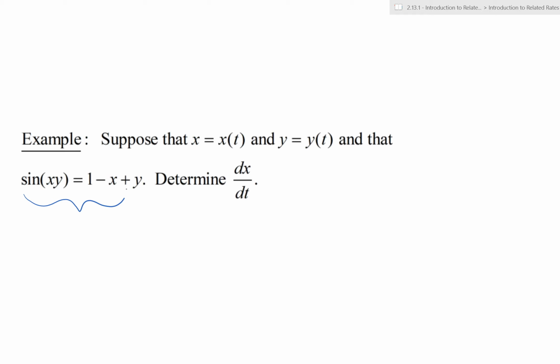We use this parameter t as the parameter that tells x and y what to do, but oftentimes we use t to represent time, and eventually we'll look at applications of this. As time changes, what's changing in terms of x, y, or whatever the variables are? But in this situation, we can just keep it arbitrary.